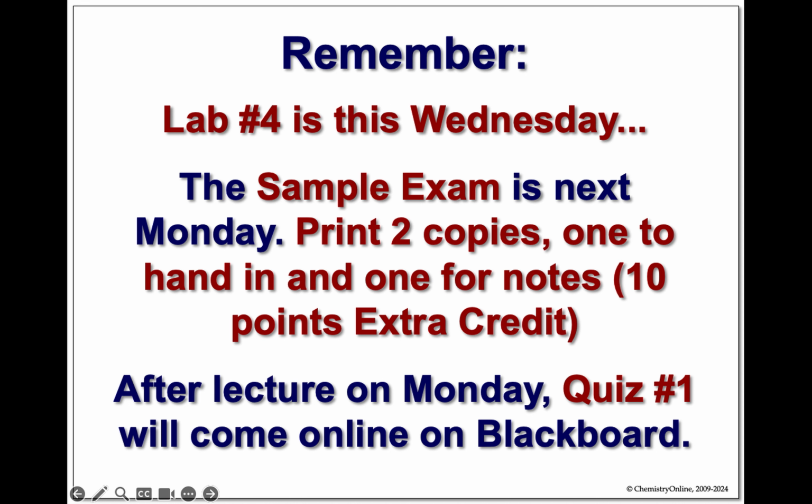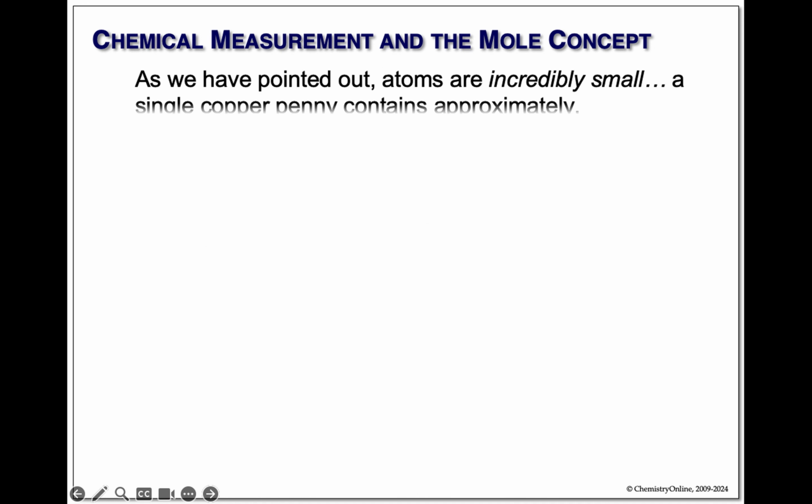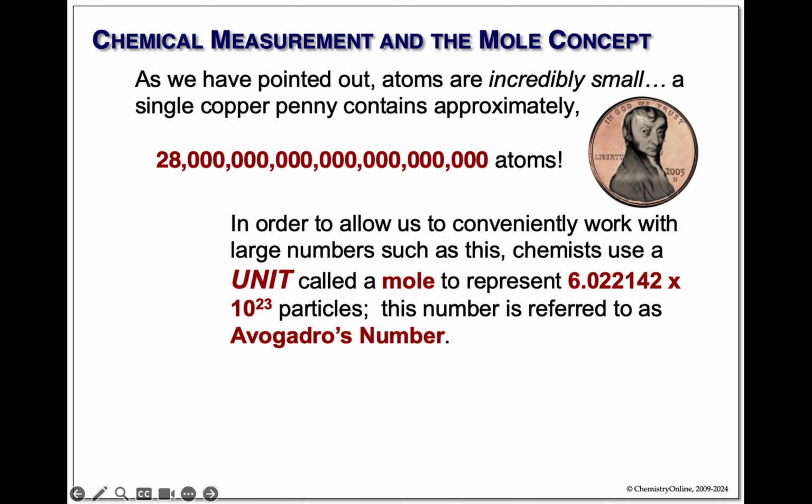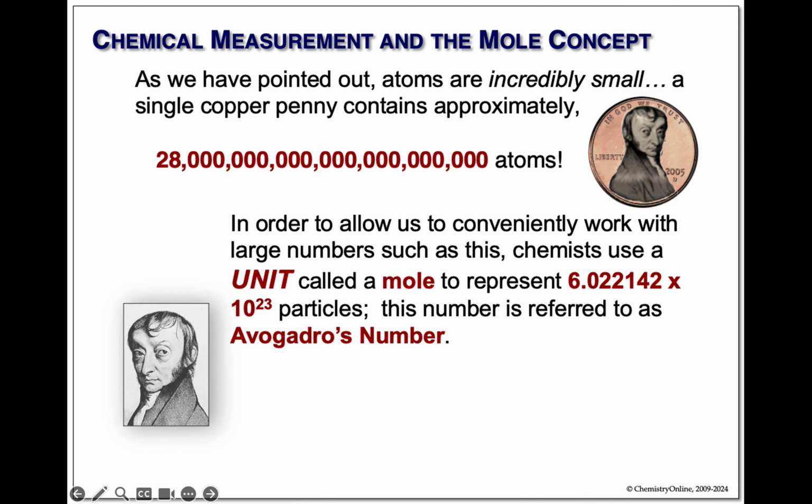All right. We have pointed out that atoms are incredibly small. A single pure copper penny would be about 28 sextillion atoms. In order to help chemists deal with these huge numbers, we have invented a unit.